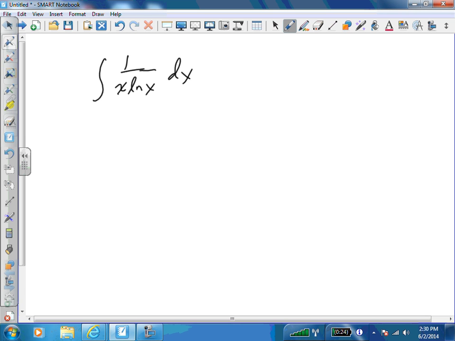Any ideas? For those that have done this problem before, or if you sat in while we've done the section before, you might pick it up. And some people that have never seen it, if you're clever, you might pick it up too. But if u is natural log x, what's du? 1 over x dx.